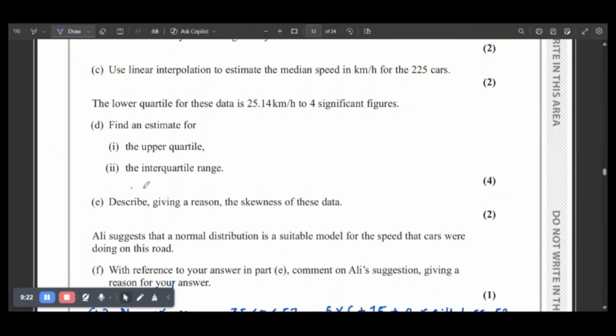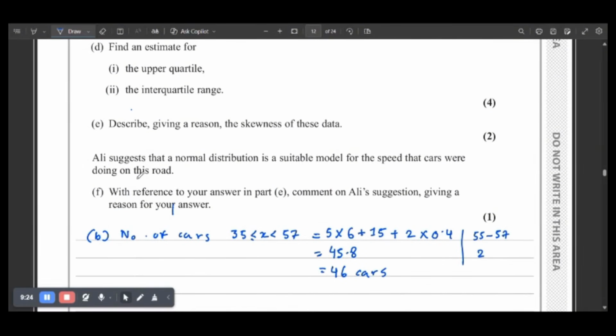For part F, we read: Ali suggests that a normal distribution is a suitable model for the speed that cars were doing on this road. With reference to your answer in part E, comment on Ali's suggestion, giving a reason for your answer.